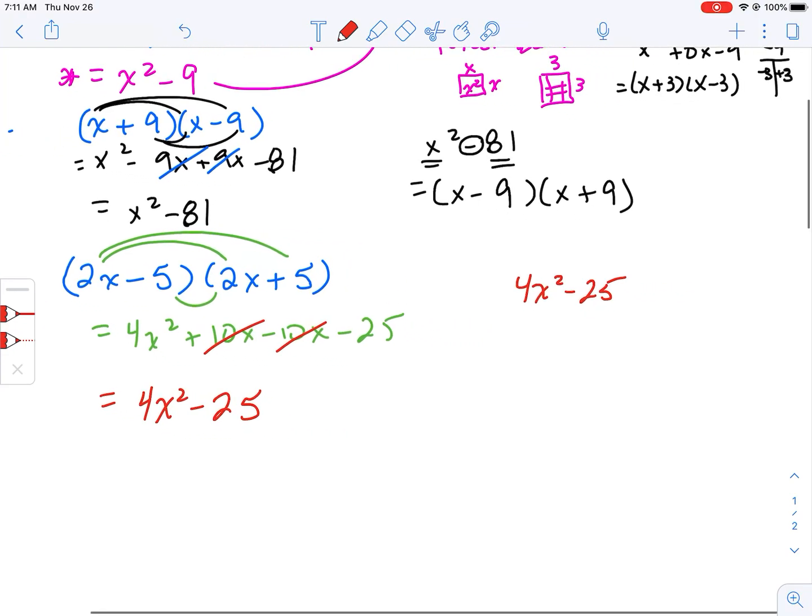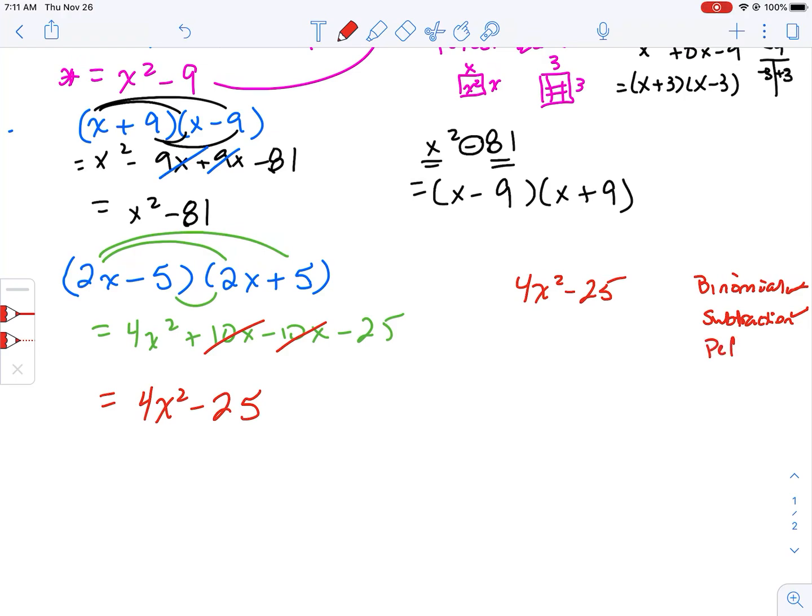So then if I gave you, again, 4x squared minus 25 and said factor it, you would go through the checklist and we would say, is it a binomial? Yes, it is. Are the two terms separated by a minus sign? Okay, is it subtracting, right? Is it a difference? Yes, it is. And are these perfect square monomials? Is each term a perfect square? And yes, they are.